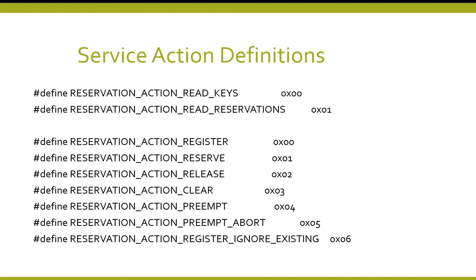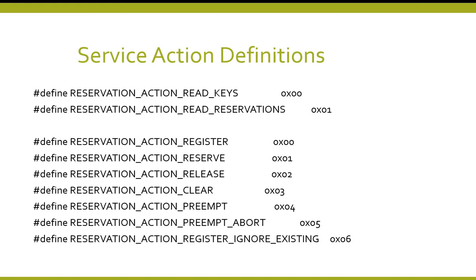Some of the service action definitions are read keys and read reservations, and these are the numbers that are associated with them in the SCSI spec. There's preempt, so that if host A owns a reservation and host B wants to acquire a reservation, it'll use a preempt.